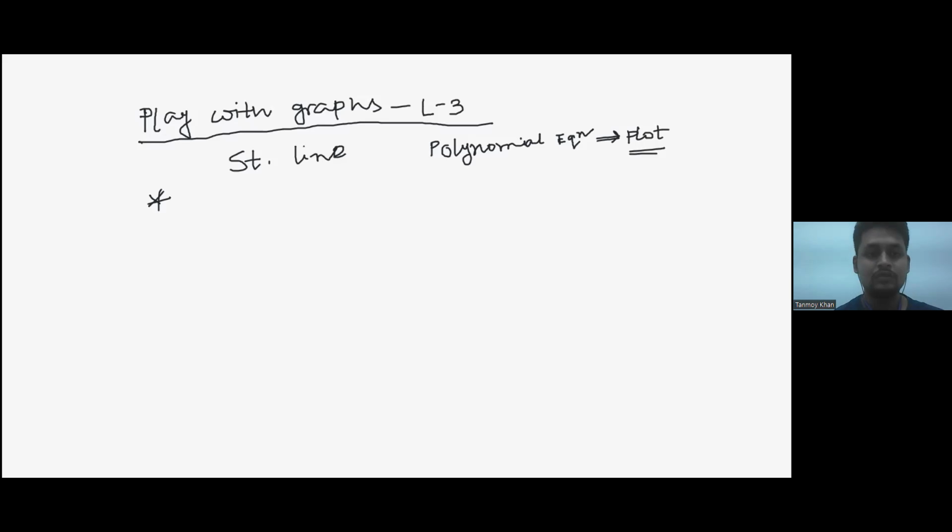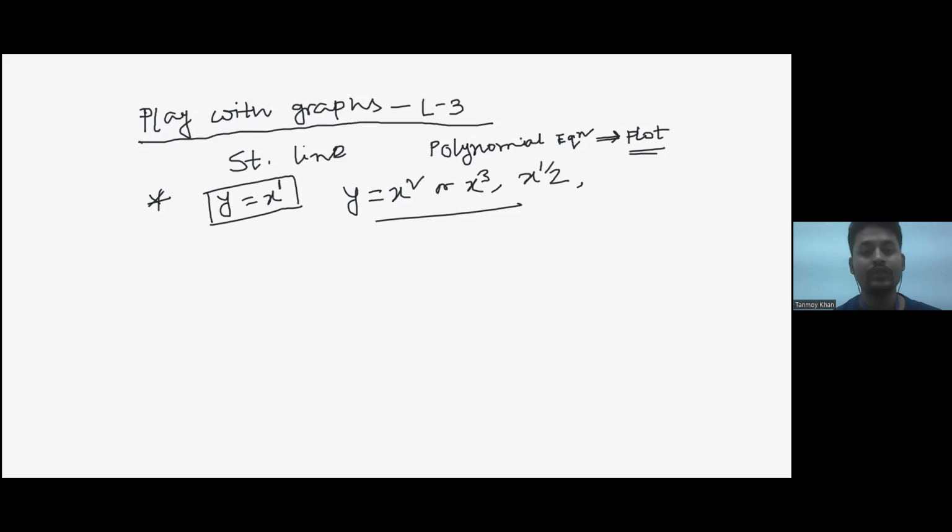Whatever the straight line is, it's to the power one, right? It's a first order polynomial. But how will the plot look if it is x square, or x cube, or x to the power half, right? These things we will learn in today's lecture.